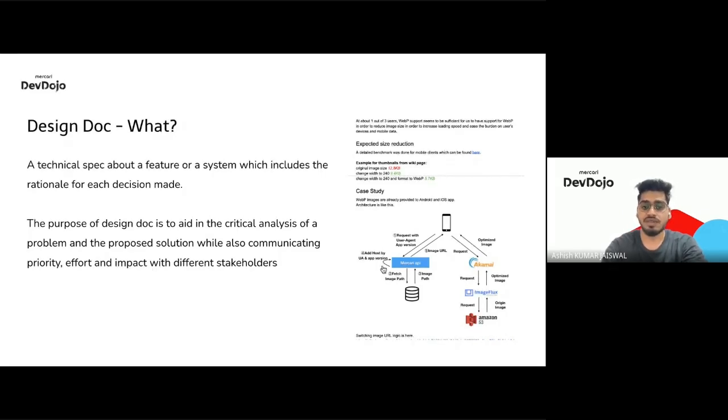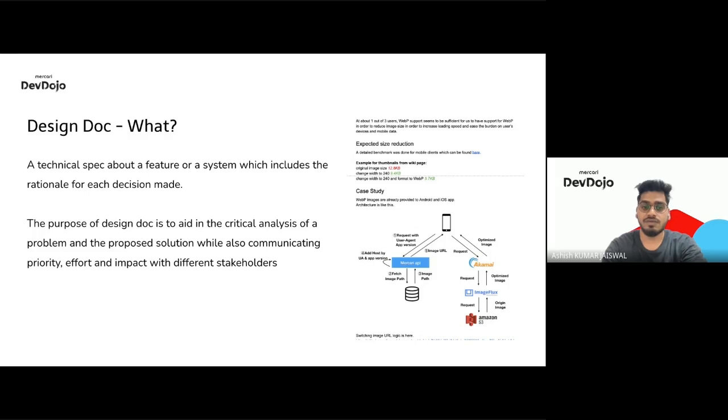The purpose of a design doc is also to add some critical analysis of a problem and the proposed solution. We can also have some communication over priority, effort, and impact, and that also involves different stakeholders. There could be several benefits.